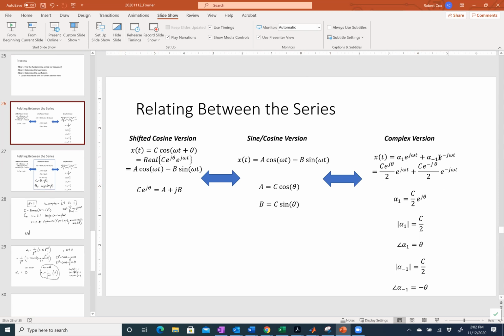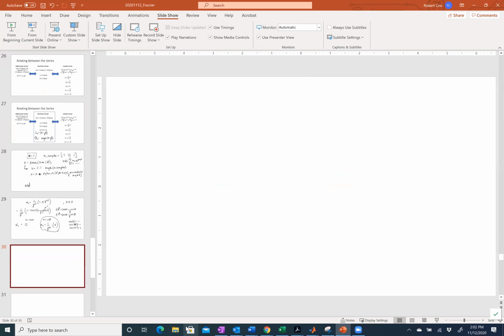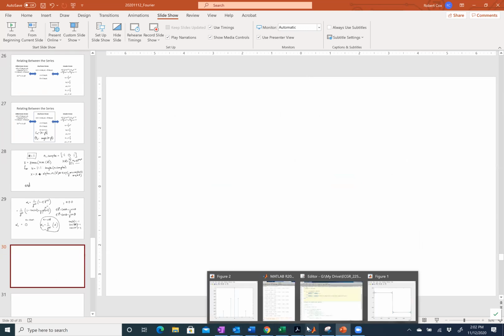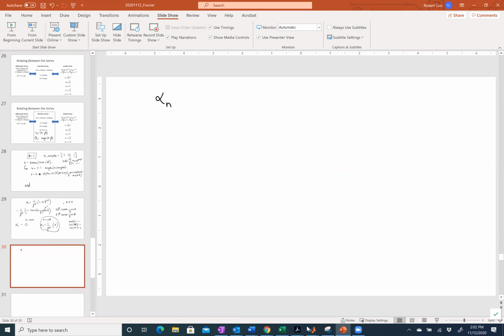Knowing that, what we've gotten so far is the alpha values. We calculated all of these values, and I want to do the other series. If I know the alpha n values, the other series is the same waveform. X of t should be equal to C0 over 2 plus the sum n equals 1 to positive infinity of Cn cosine of n omega naught t plus theta n.